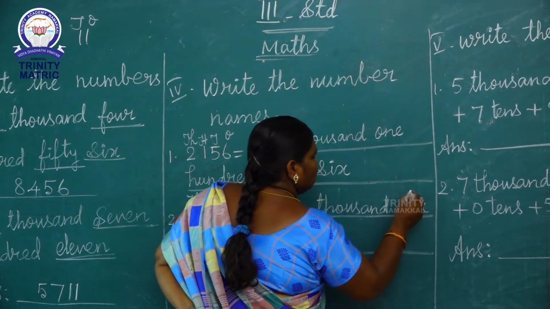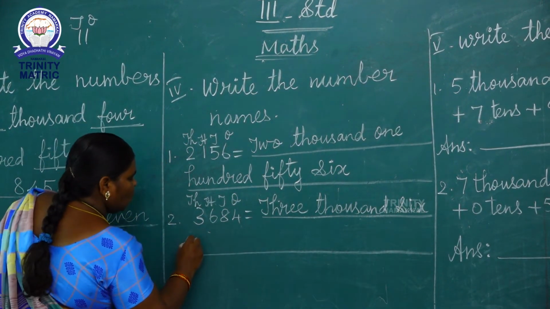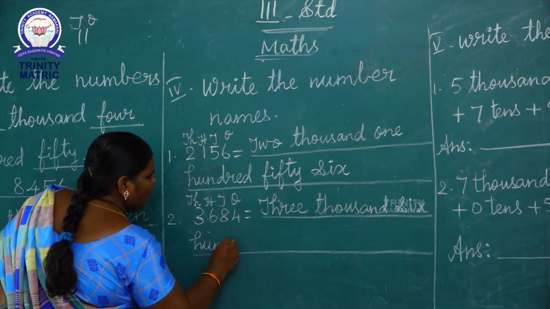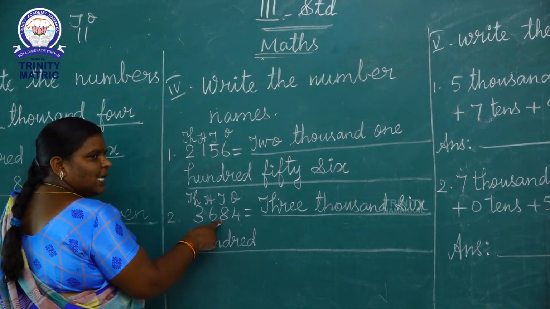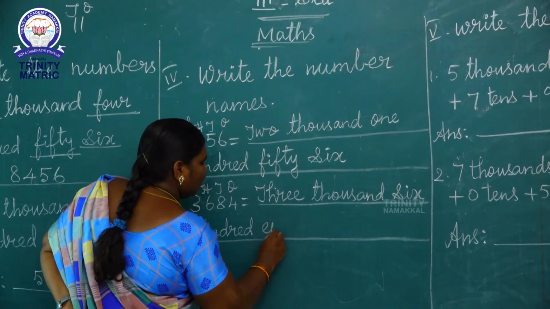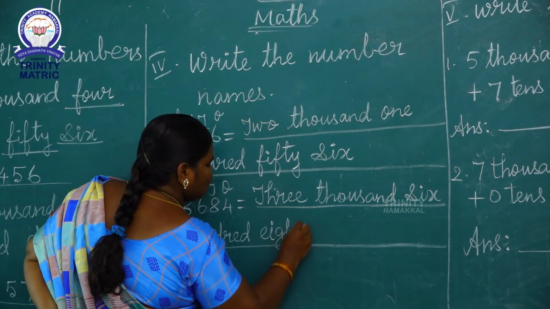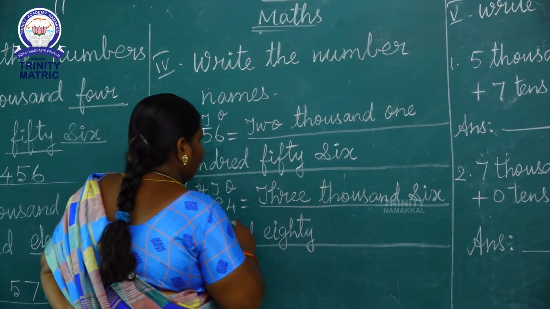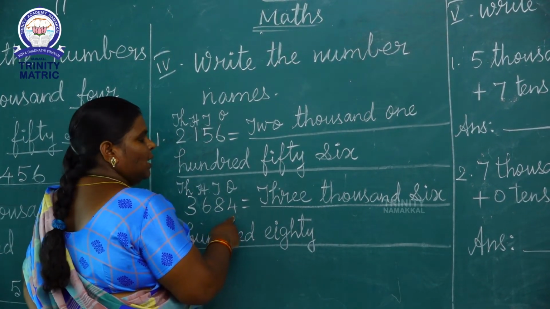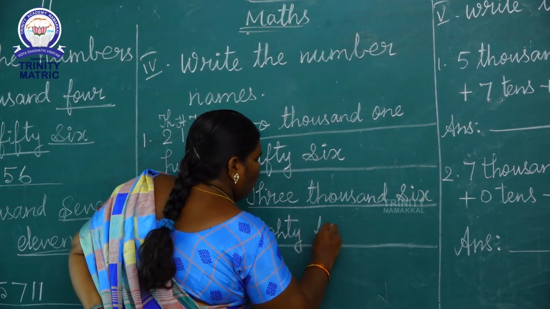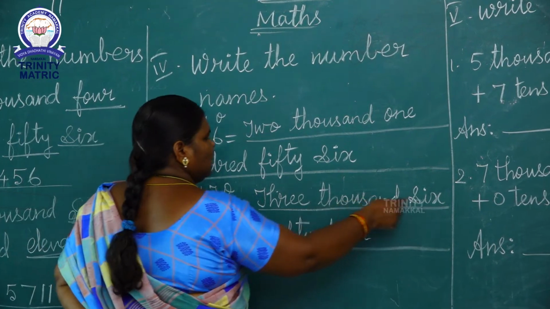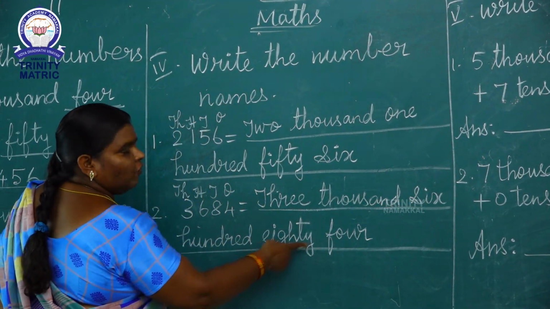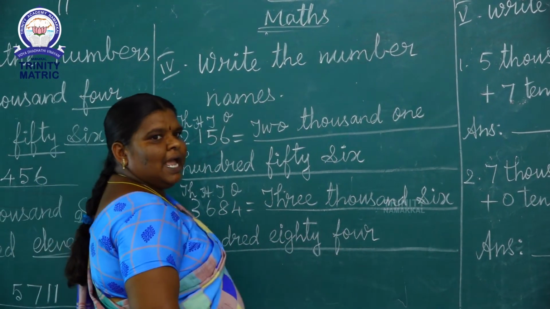Six hundred. How many tens? 8 tens, so 80. Eighty. How many ones? 4 ones. Four. You read this number, 3684. Do you understand, children?